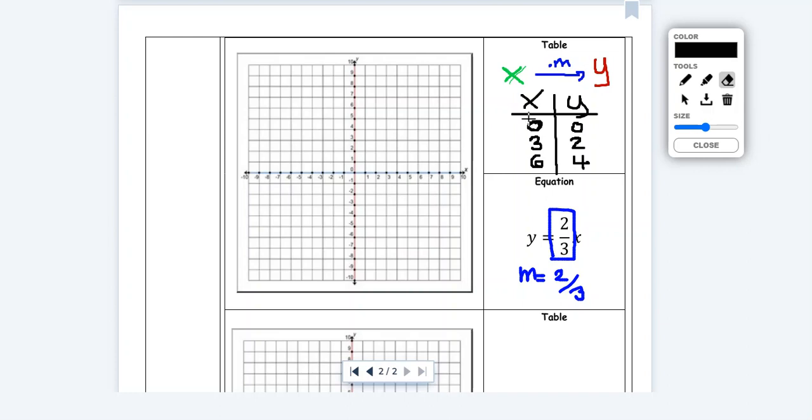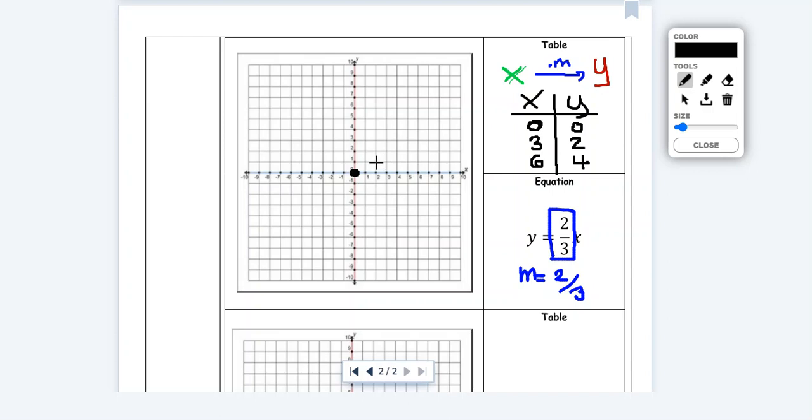All right, so now that I have a table, I can graph these as points and I'll have a graph. So x is 0, y is 0. That's going to be the point 0, 0. Nice, goes through the center. And remember, every proportional relationship is going to go through the center of the graph.